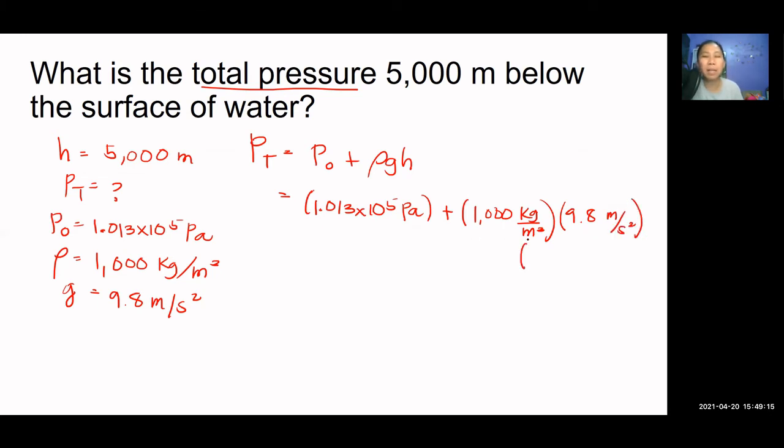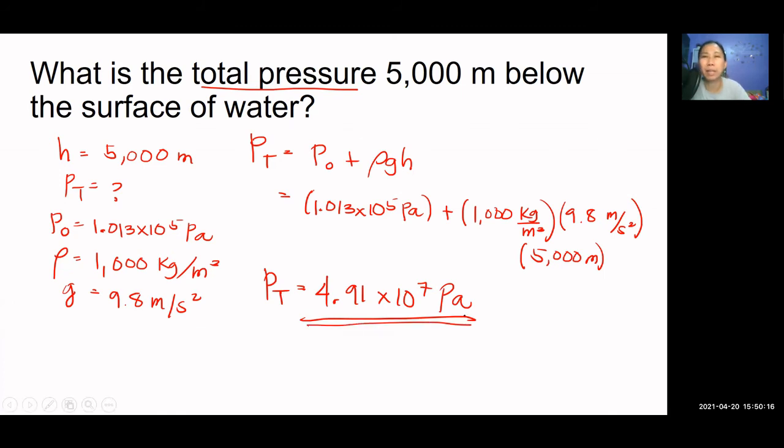And then i-multiply din natin siya sa height na 5,000 meters. Kapag in-input natin to sa calculator, i-express na lang natin yung final answer in scientific notation. So this one is 4.91 times 10 to the 7th pascals. Okay, so ito po ang ating total pressure.